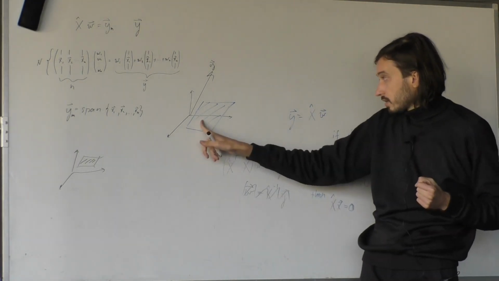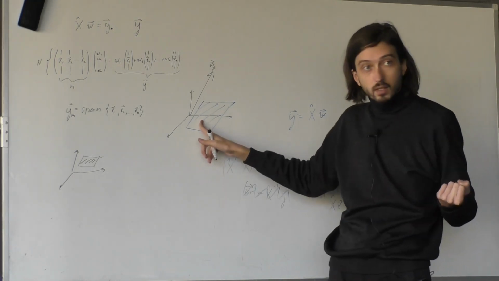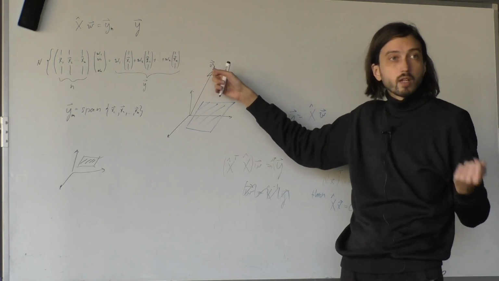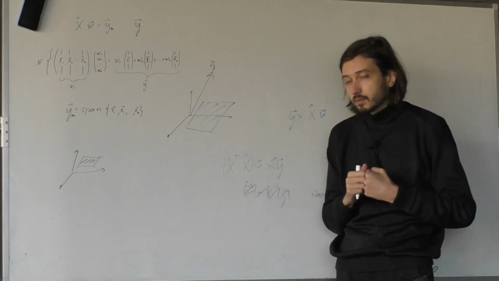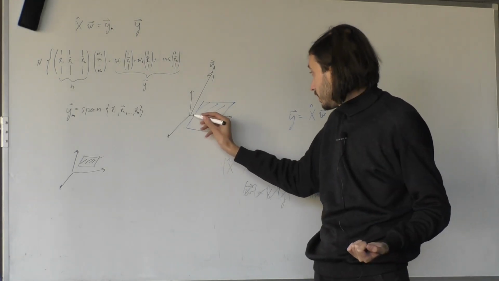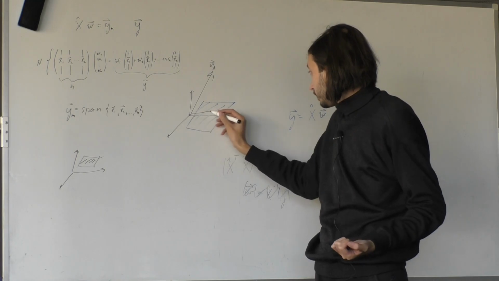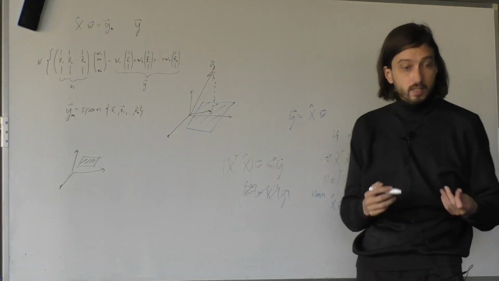I want to find some other y, some predicted y that is as close to the real y as possible. So the closest I can get, and it turns out that the closest I can get in here is the projection of this y onto this subspace.